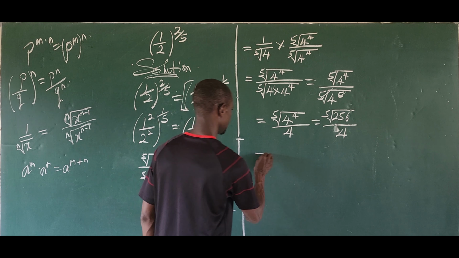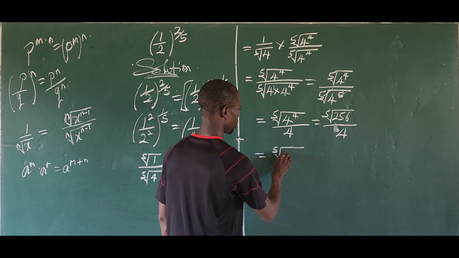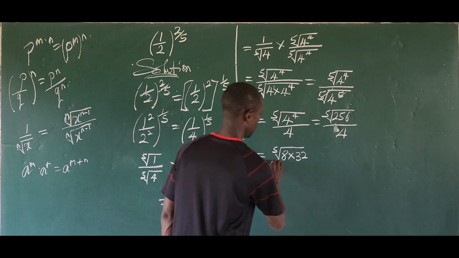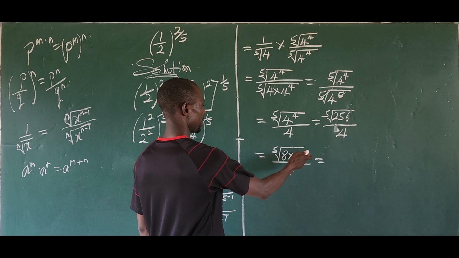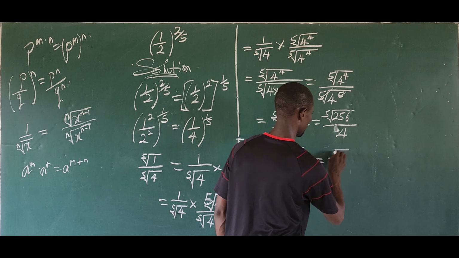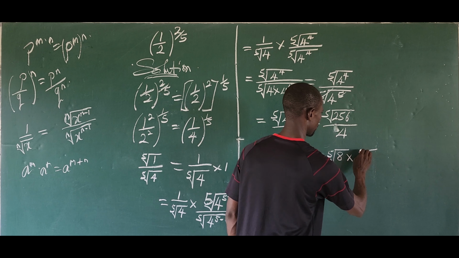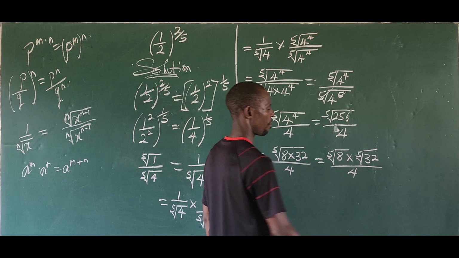Okay, so rewriting this is going to give us the fifth root of 8 times 32, all over 4. So this is equal to, we can write this as the fifth root of 8 times the fifth root of 32, then everything all over 4.